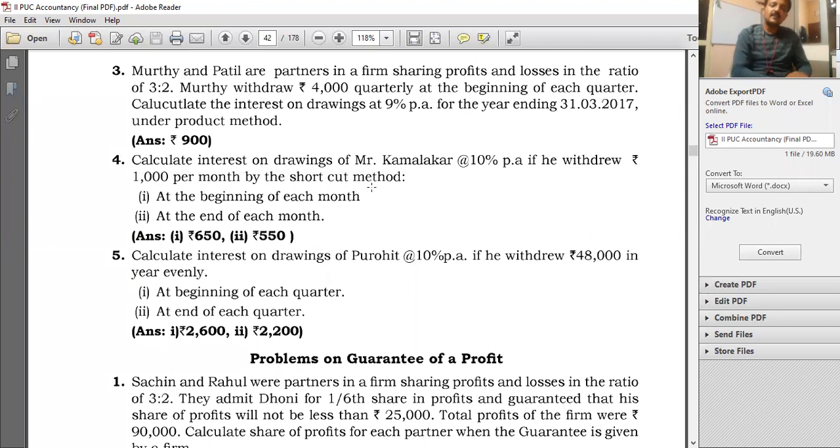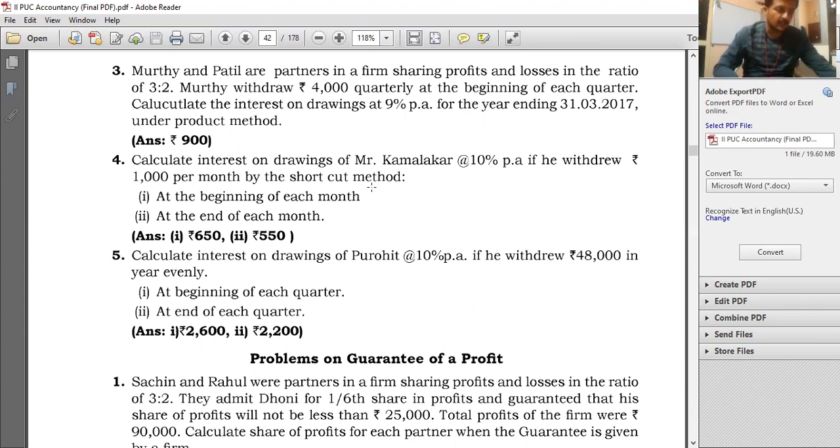And if there is a question on the average method, which is very easy, let us take an example. Calculate interest on drawings of Mr. Kamlakar at 10% per annum if he withdrew 1,000 per month, by the shortcut method. If he withdrew at the beginning, how much will it be, and at the end, how much will it be. See, if he is withdrawing 1,000 rupees every month, then yearly he has withdrawn 12,000.